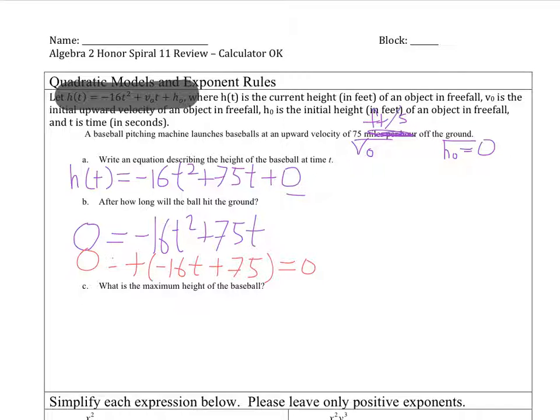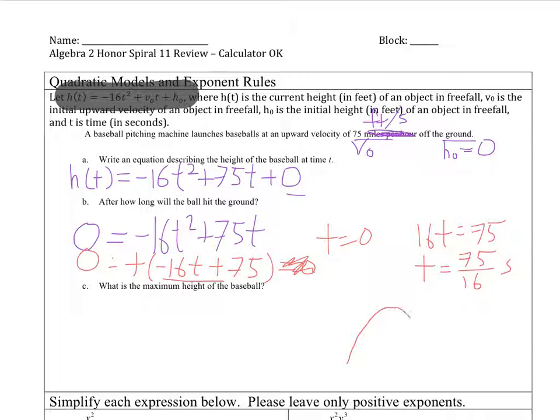That means that t equals 0. And for my other part, I get 16t is equal to 75. In other words, t is going to be 75 over 16 seconds when it hits the ground again.